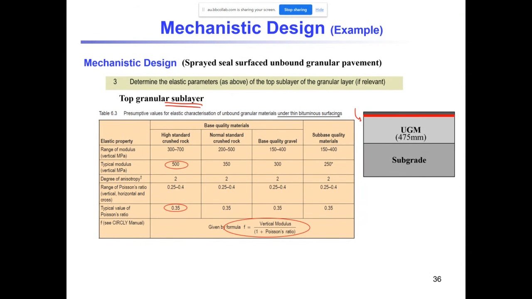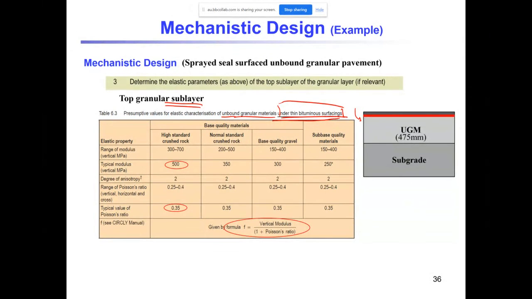So for the material, I'm going to pick the material properties from the presumptive values provided by Austroads. This table that I'm selecting from Austroads is providing the Young modulus for unbound granular materials under thin bituminous surfacing, right?